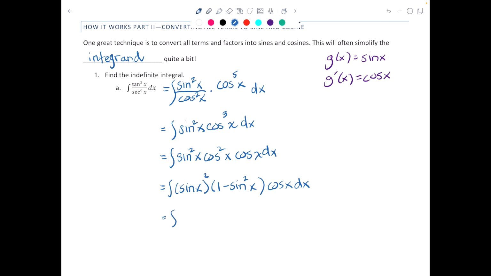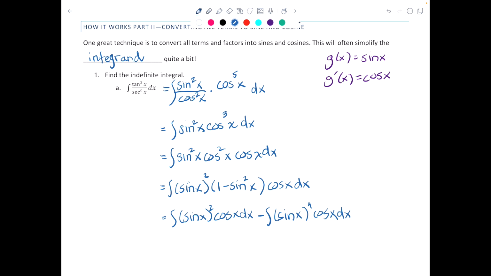And now we will get sine at x squared. So I'm multiplying sine at x squared times 1 times cosine x dx. And then minus, I'll make a new integral, sine at x squared times sine at x squared times cosine x dx will give us sine at x to the 4th power times cosine at x dx.